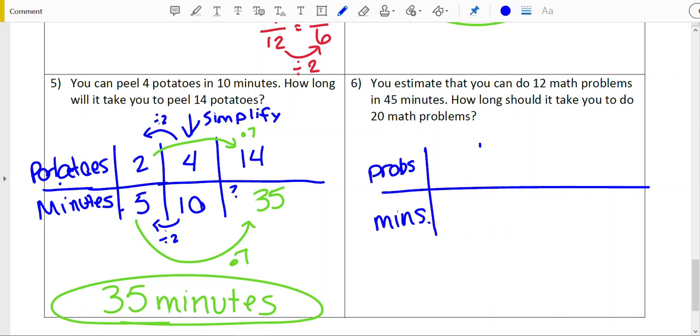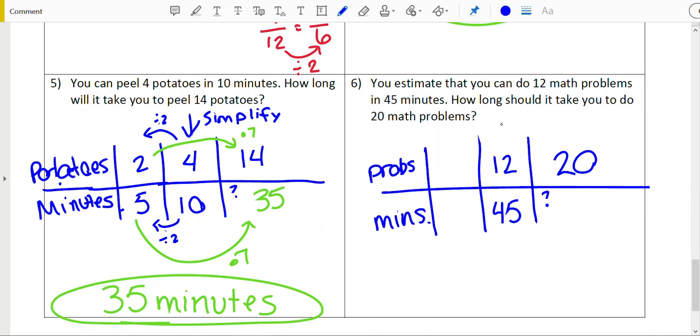And I'm going to leave a space just in case, because in the previous problem we needed the extra space. So it's 12 problems in 45 minutes. And I want to get to 20 math problems. So I'm missing this number right here for my minutes.